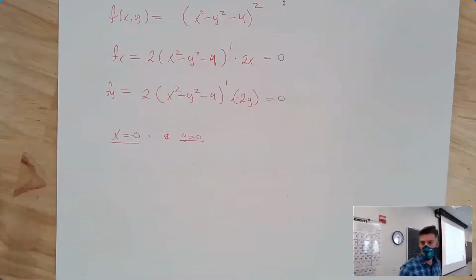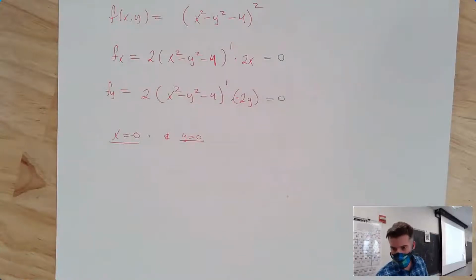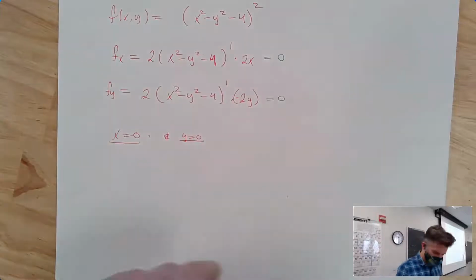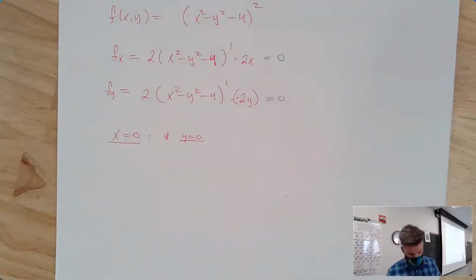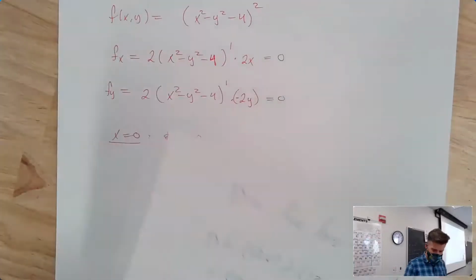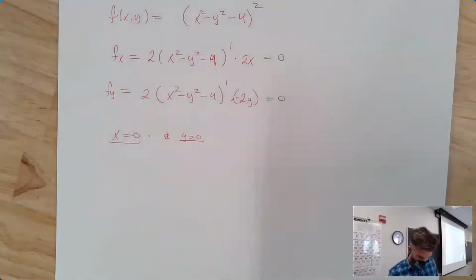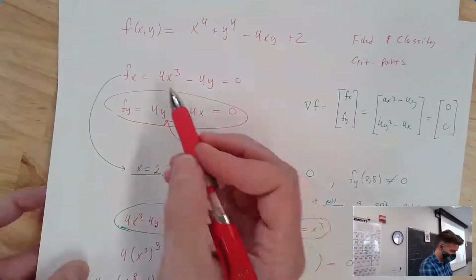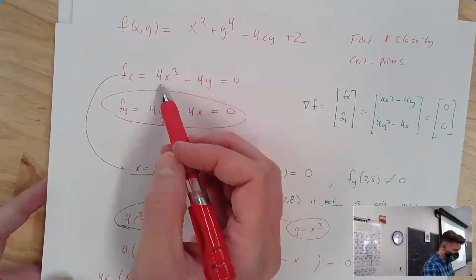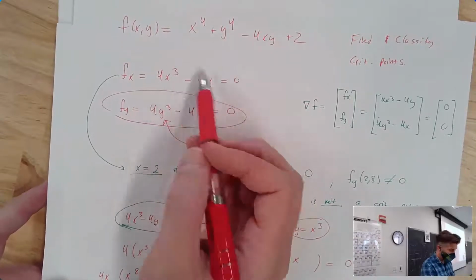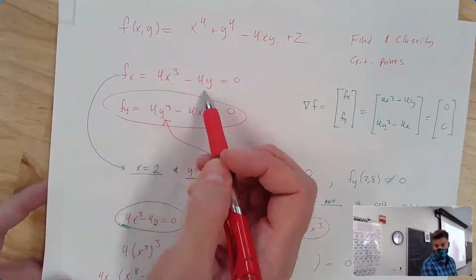Sorry, someone wrote something. There were a couple questions back there. How did I get fxx equal to 12x squared? So fx was 4x cubed minus 4y, and the derivative of that was 12x squared minus 0.